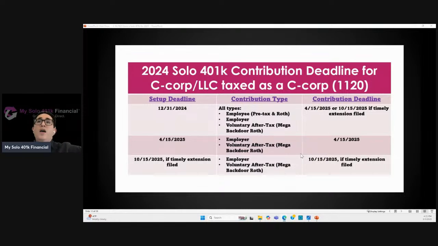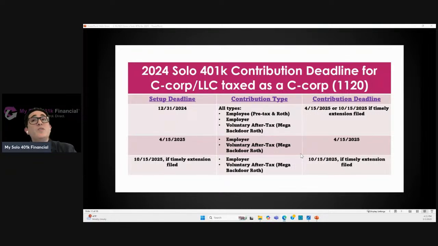But there's still time to set up a plan and make employer contributions or voluntary after-tax contributions for 2024, as long as they sign up in time to make those contributions by their business tax return deadline, including any timely filed extension.